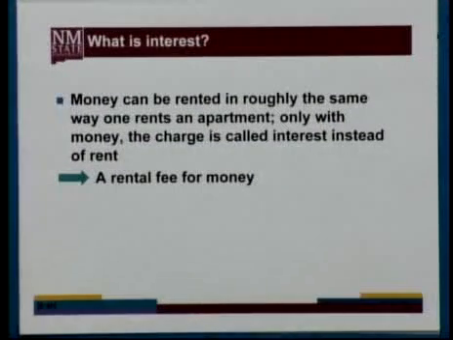Then how do you define interest? Interest is what you pay the bank for your home loan, car loan, or your credit cards, things like that, right? So interest is what your bank pays you for the money in your savings account.